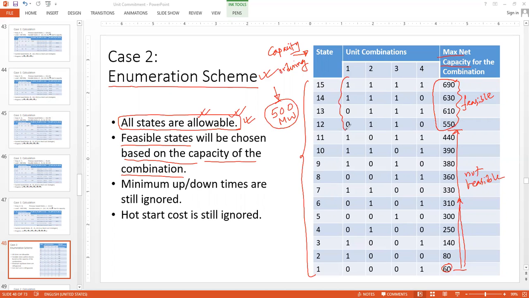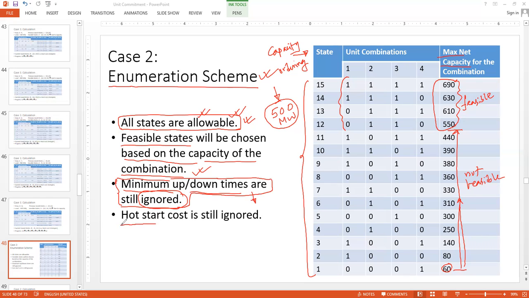So here we don't have anything to do with the priority ordering. This is the second feature. The third feature is that we don't have the minimum uptime and downtime under consideration. They are still ignored. However, in another example, we will take care of this part, considering minimum uptime and downtime and showing how that affects the calculation of the unit commitment problem.